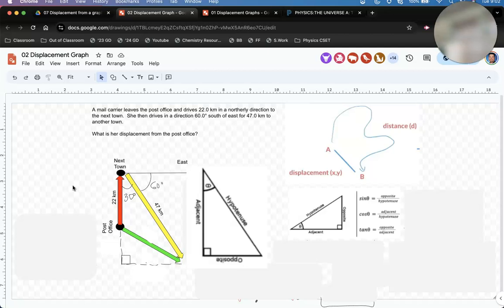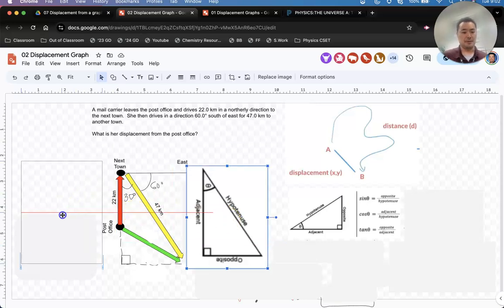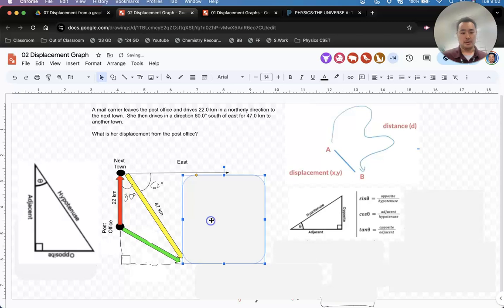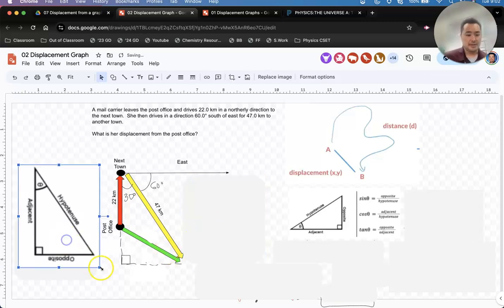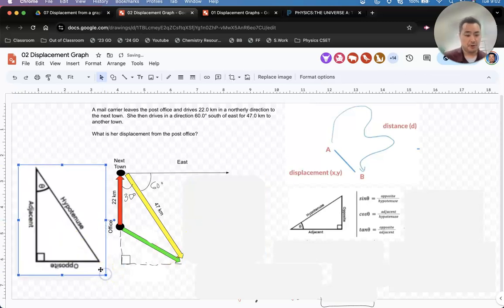So now we're on the track to solving for the opposite and the adjacent of this triangle. It's right here. And this is right here. And we're going to use these to solve for that and this. So let's do it. I'm going to scoot this over here. We want to find an opposite first.